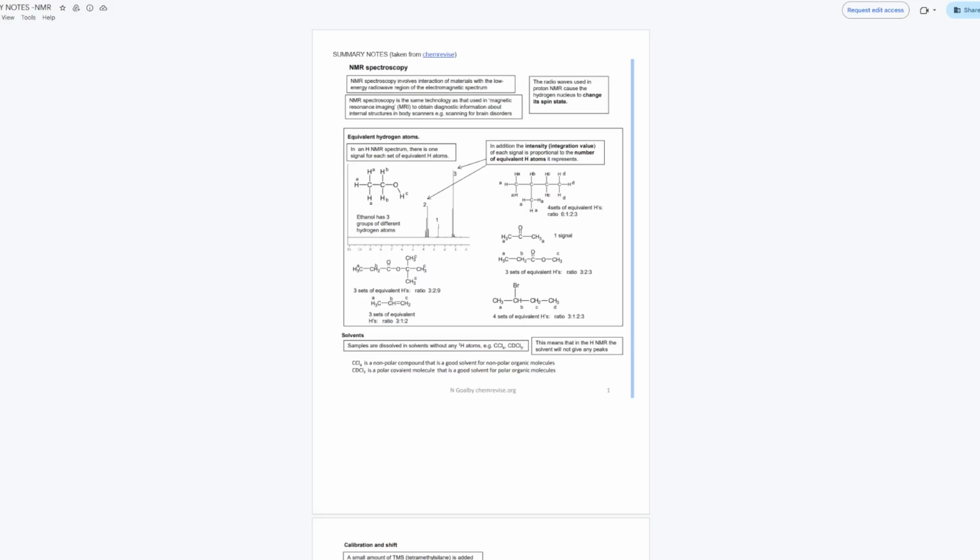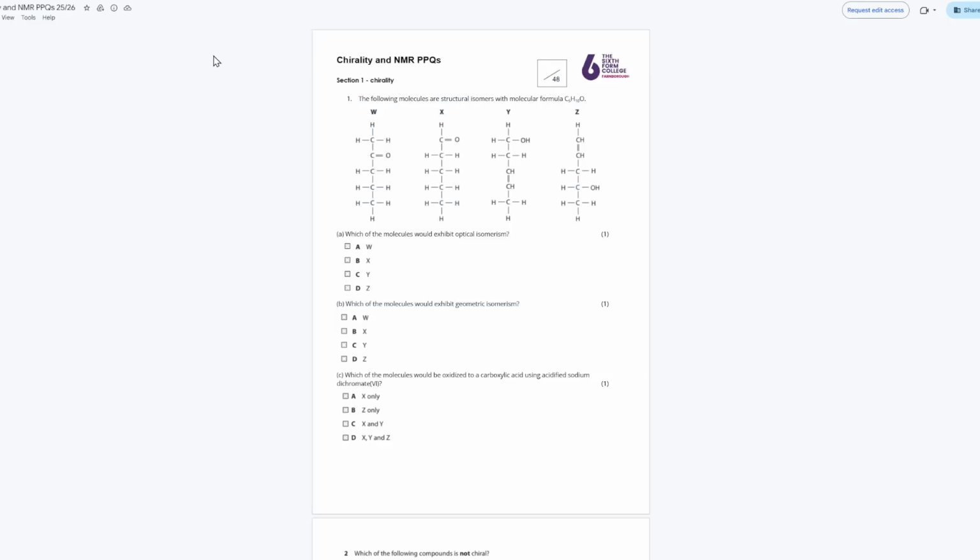Okay, so what I'm going to be doing here is basically just going through these notes and also some past paper questions.